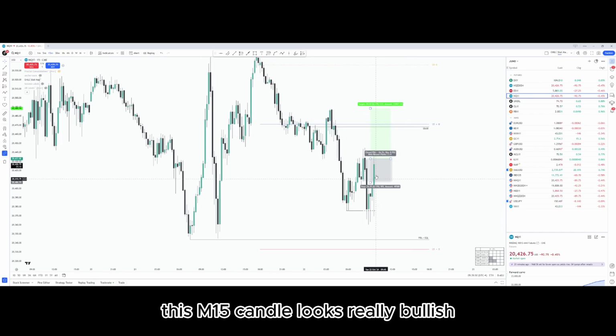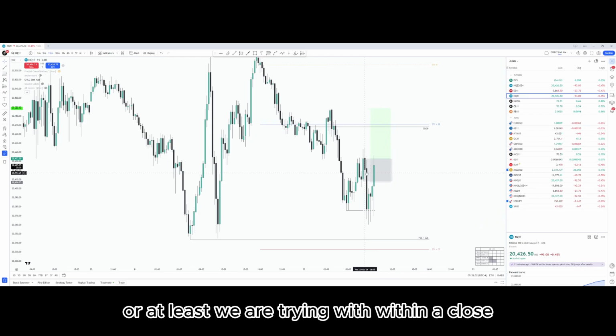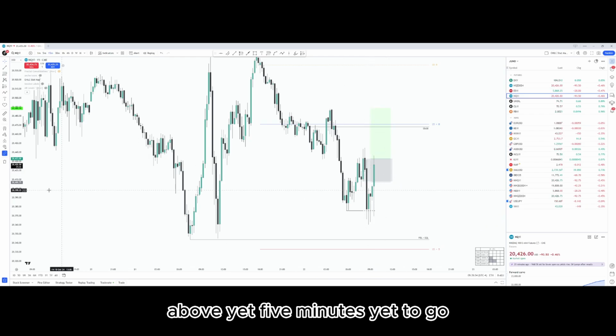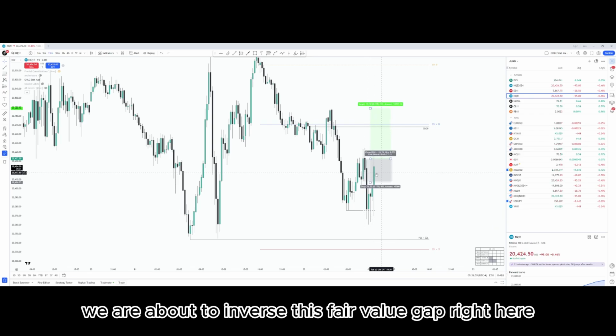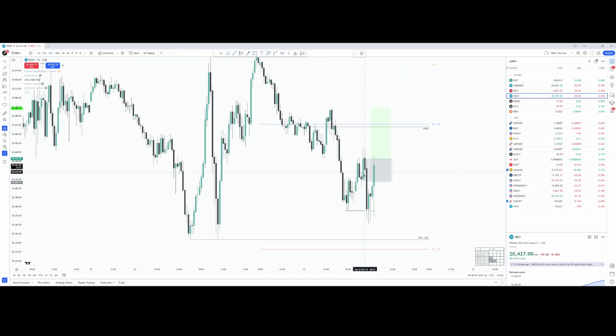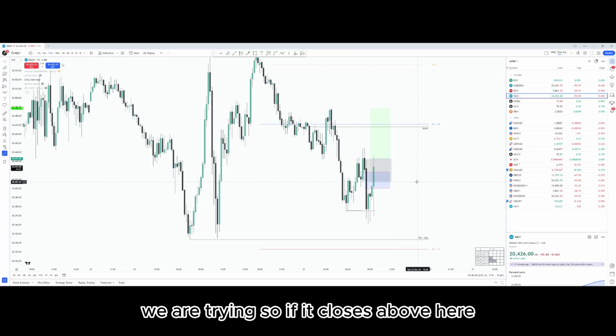This M15 candle looks really bullish. We just inversed, or at least we are trying to, we didn't close above yet. 5 minutes yet to go for this candle. We are about to inverse this fair value gap right here. We are trying.